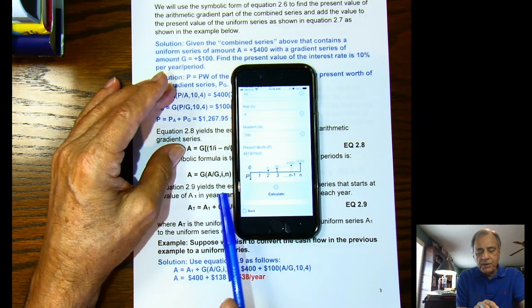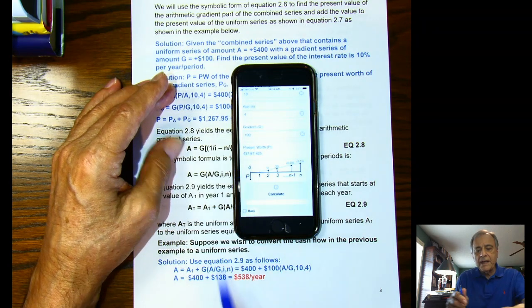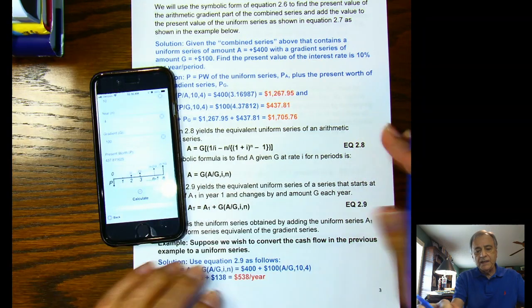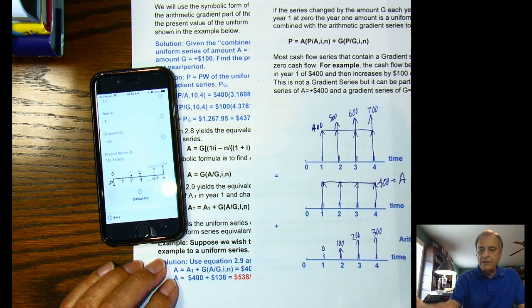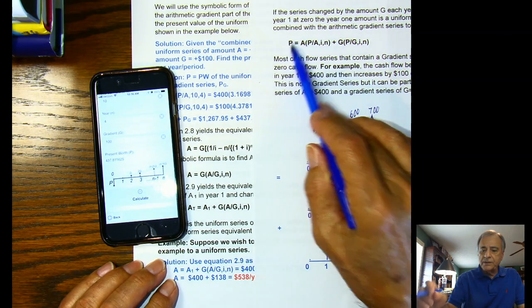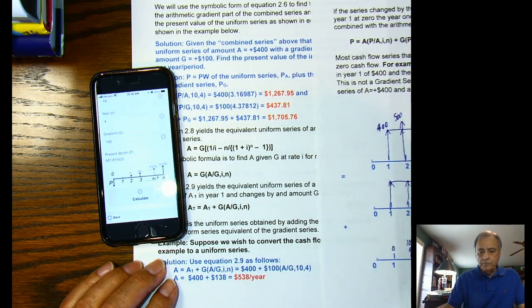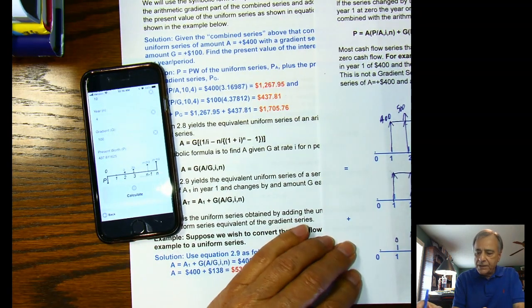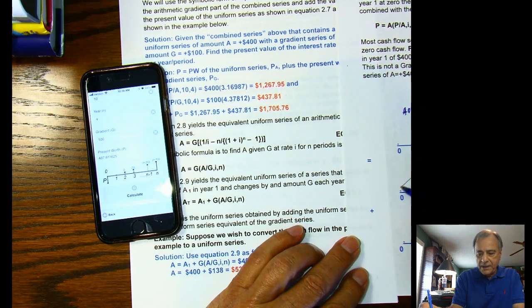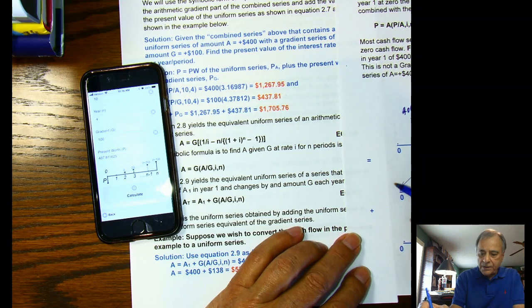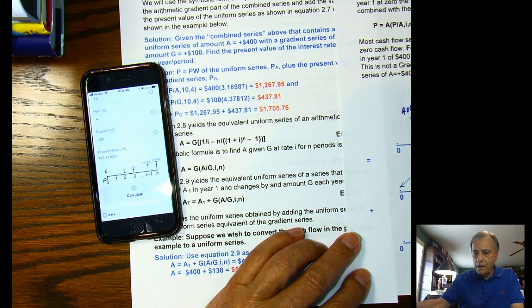And it returns $437.81. So I put that number right here. Then again, going back to this equation 7, I add those two together to get the total present value. In other words, I took these $400 and brought them back to here using P given A, and that was 1,268, rounding off to the dollars.